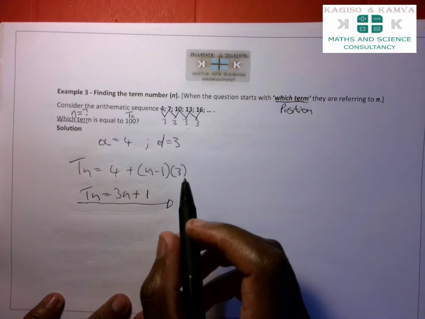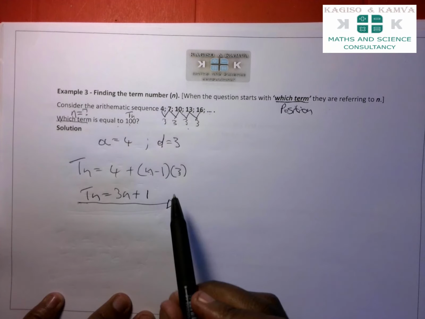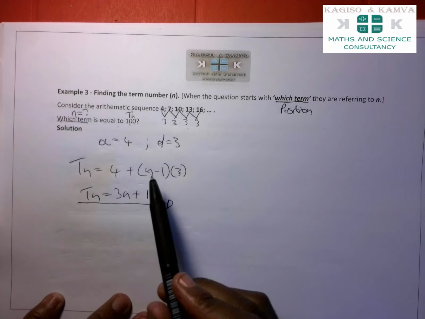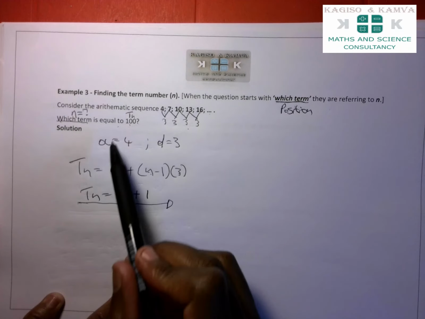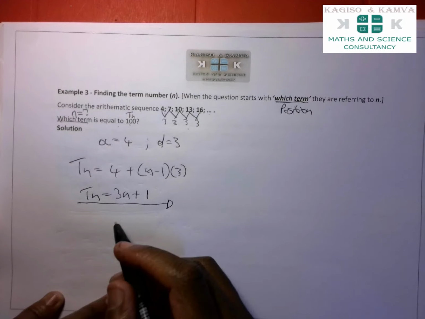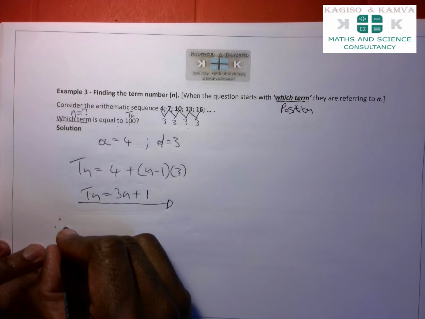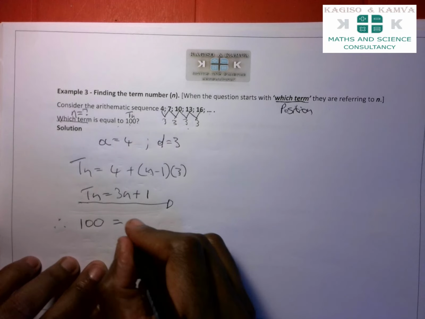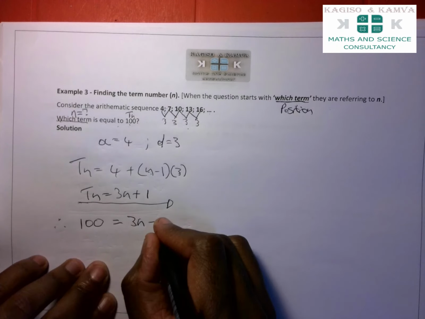But we know that Tn is equal to 100, and we are looking for n. So we just substitute this 100 here, and we solve for n. Therefore, 100 is equal to 3n plus 1. What do we do?